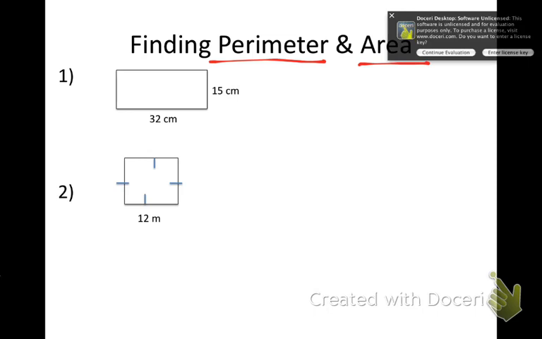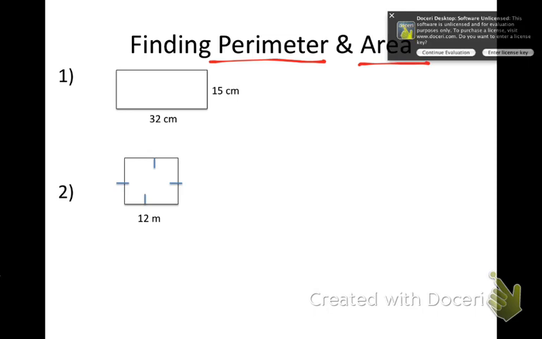Okay. Perimeter. In rectangles, the opposite sides are what, Drew? Starts with a C. Congruent.